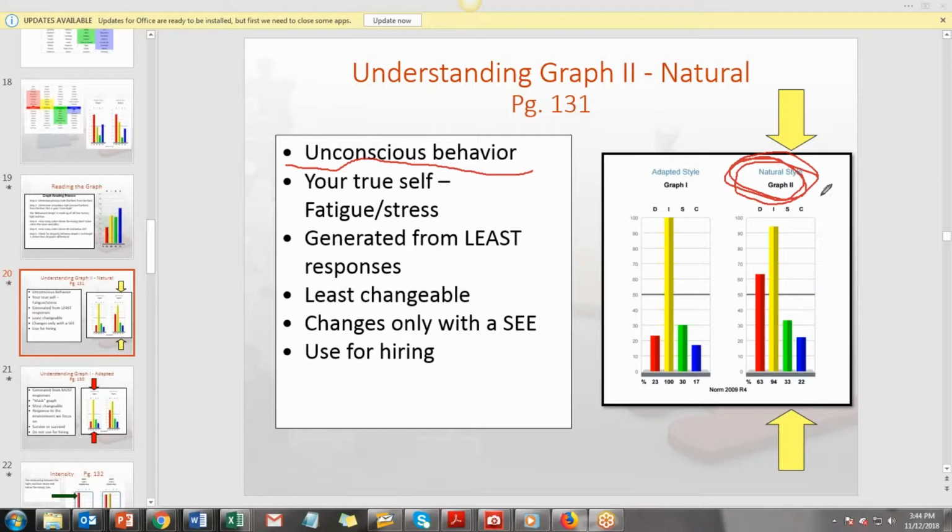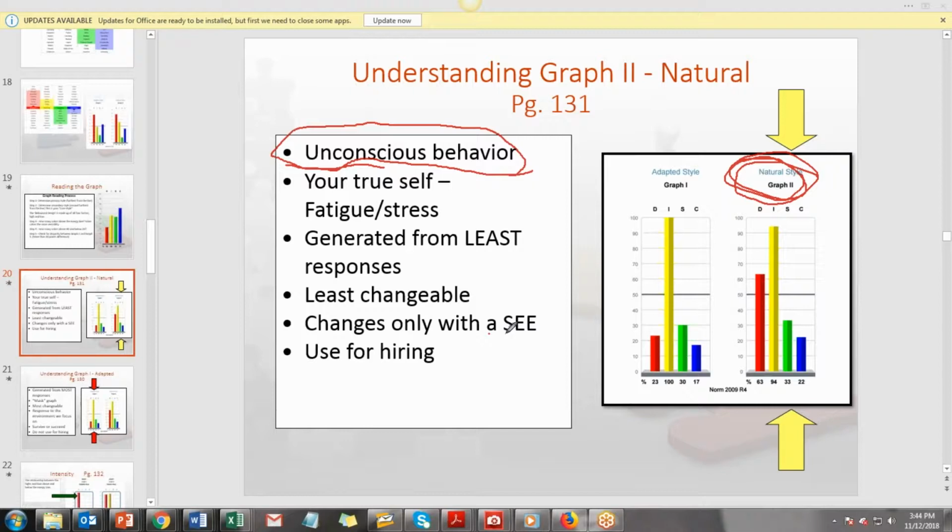If you're a C, you're going to become passive and hand over your wallet or whatever. Fear takes over. So anytime you're under stress or scared or fatigued, you're going to revert back to your natural style.